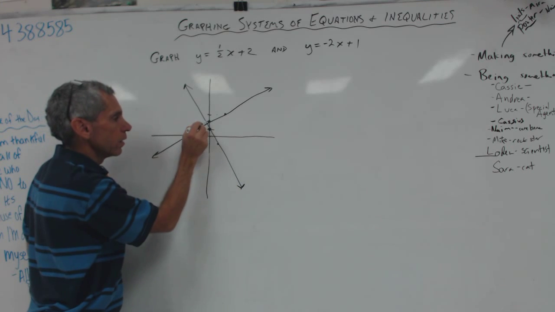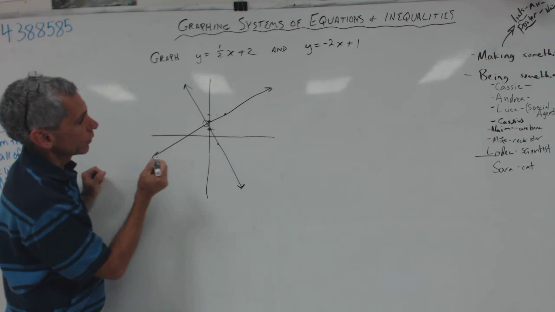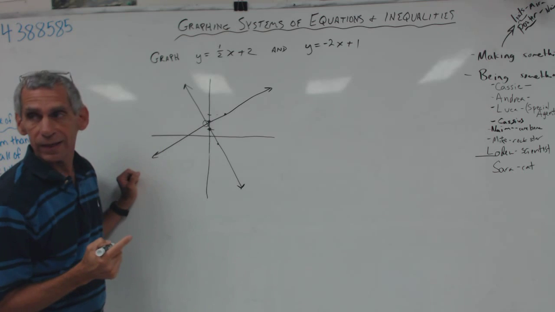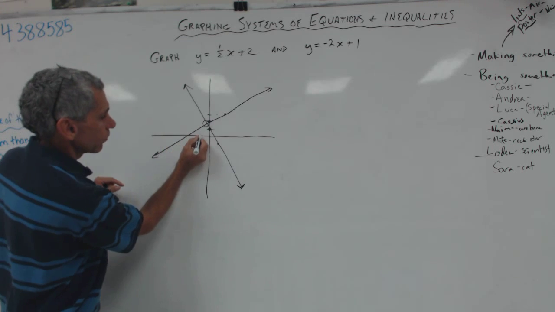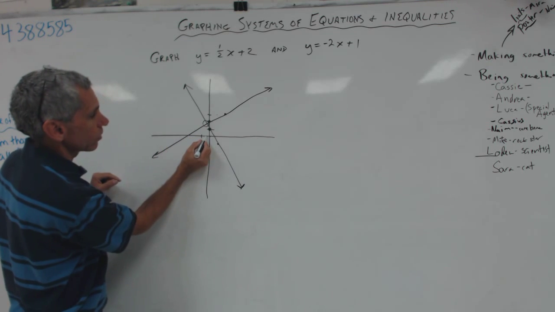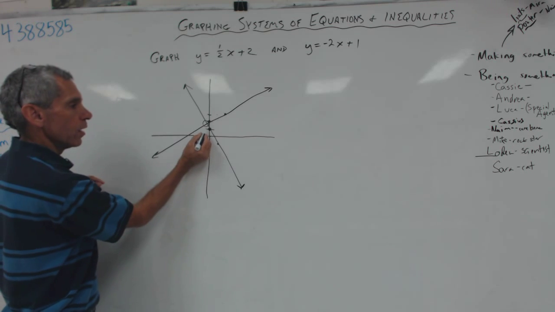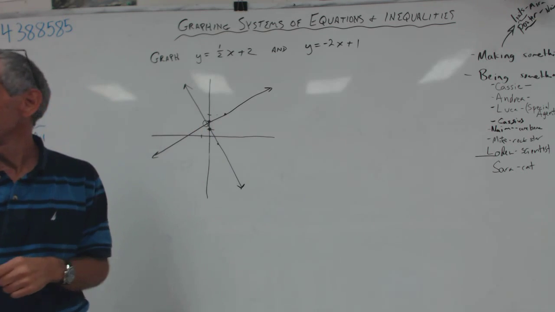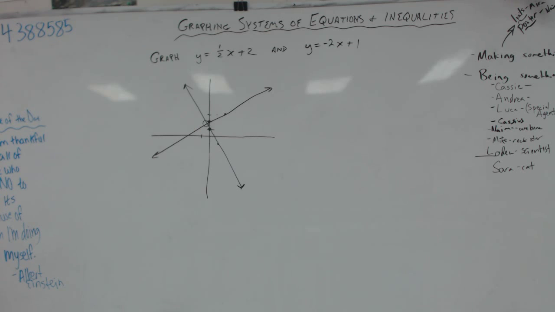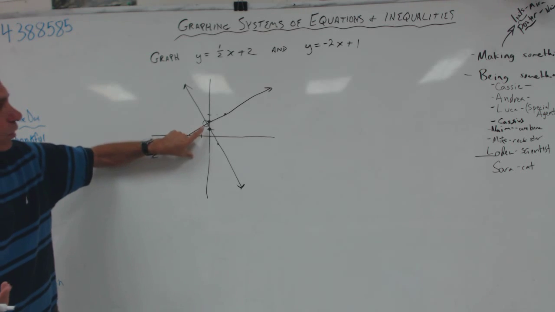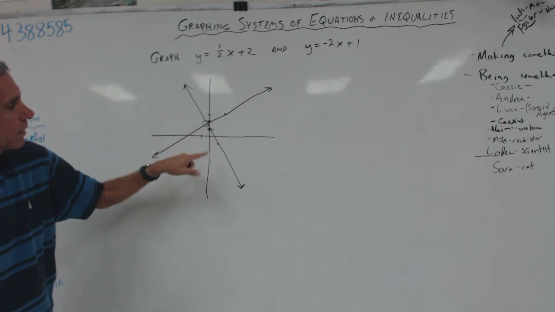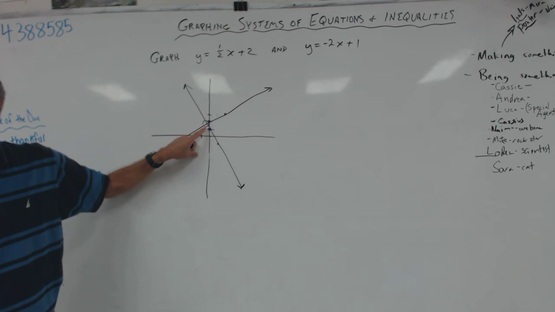This point right here, unfortunately, I don't know what the answer to that one is, because it's going to be a fraction, maybe over a third, 1/3 up 1 2/3 or something like that. I would have to guess. I don't know, but I can at least visually see where they intersect. Does that make sense? Right?